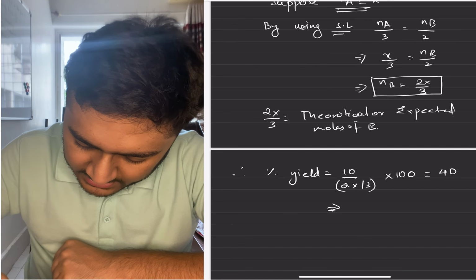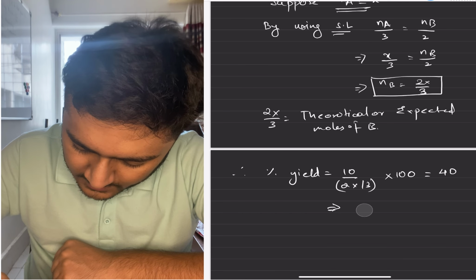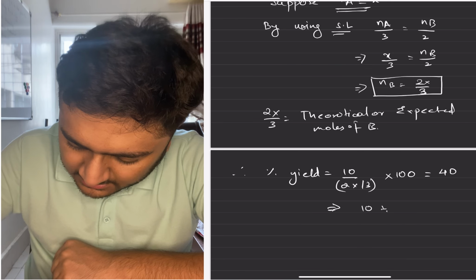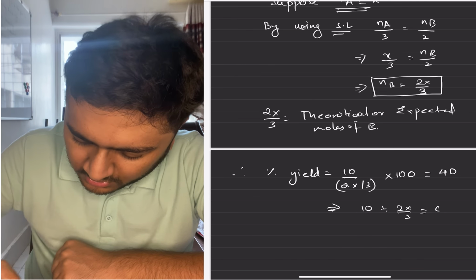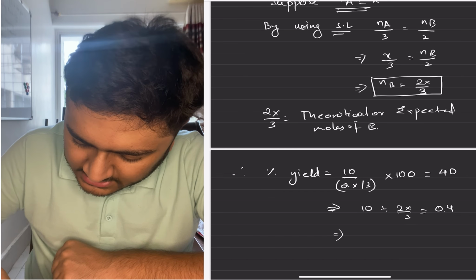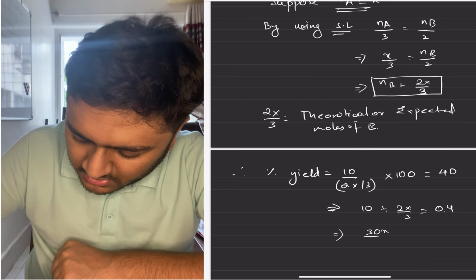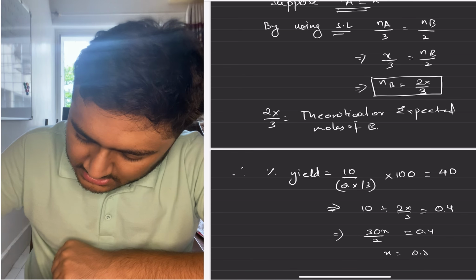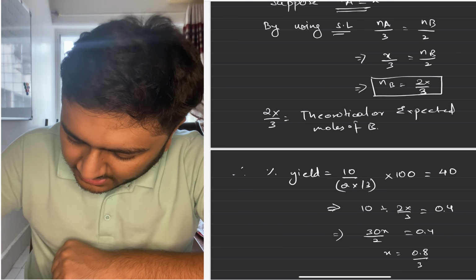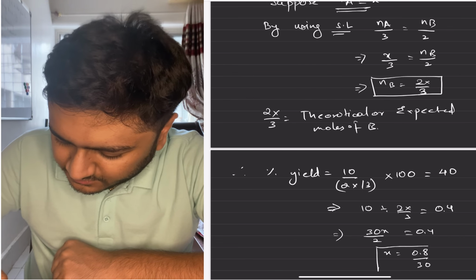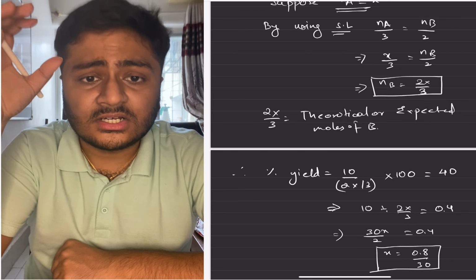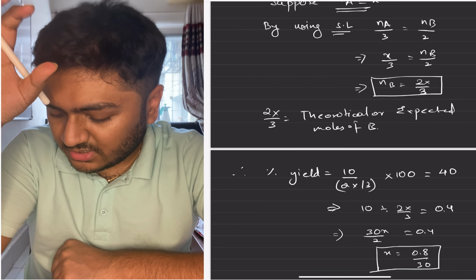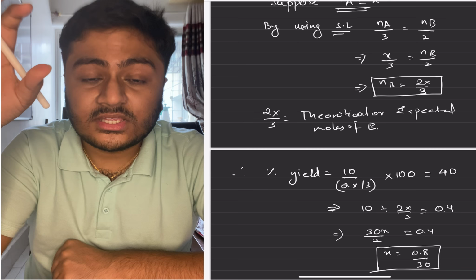It will come out to be 10 divided by 2x by 3 equal to 0.4. I can write it directly as 30x by 2 as 0.4. So x will be 0.8 divided by 30. This is the moles of A which was originally taken.